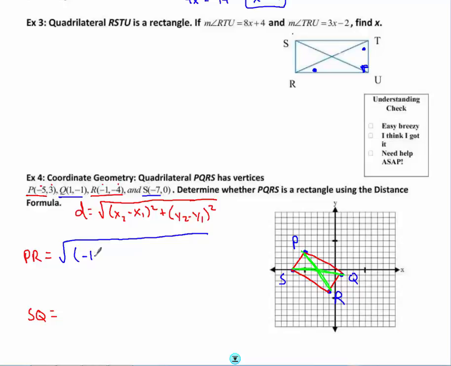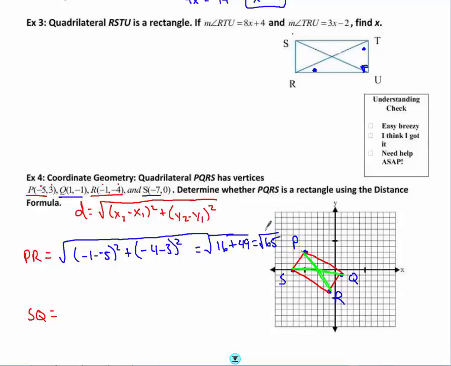So negative 1 minus negative 5 squared plus negative 4 minus 3 squared. And that's going to equal the square root of, see, negative 1 plus 5 is 4 squared, so 16, plus negative 4 minus 3 is negative 7 squared is 49. So 16 plus 49 is the square root of 65.